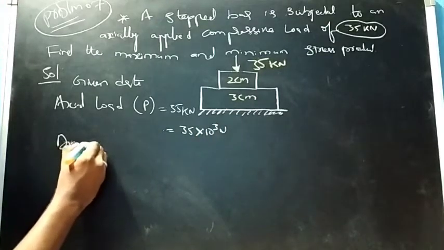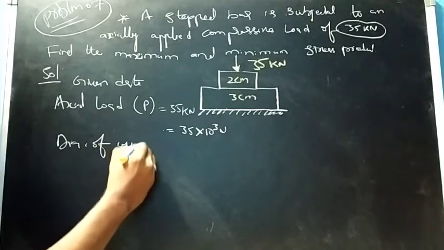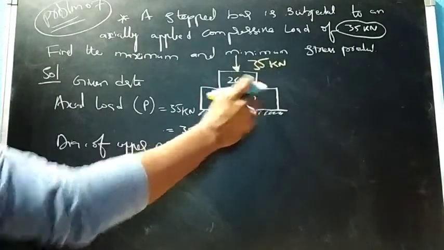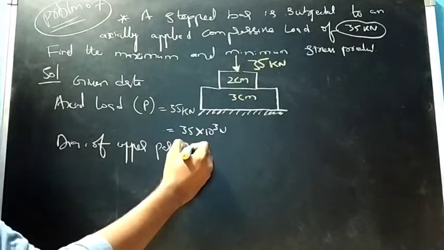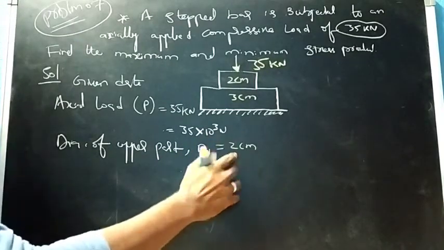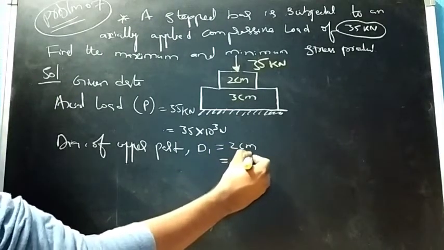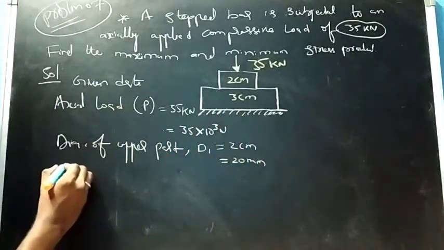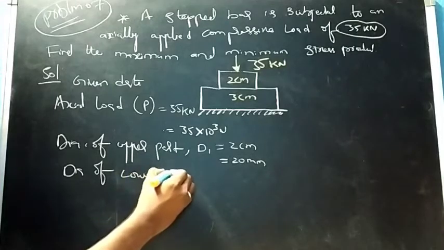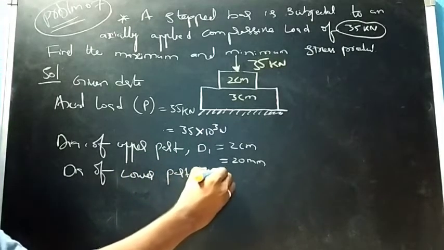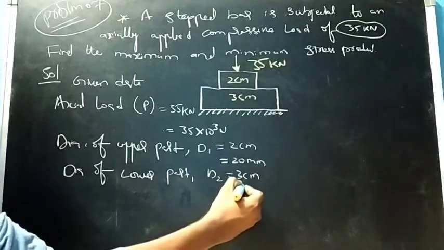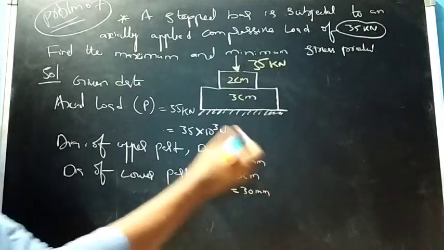So dia of upper part, so take this as upper part and lower part. So upper part will be denoted by D1, which is 2 centimeters. If I convert into mm, it will be 20 mm, right? So dia of lower part D2, that is 3 centimeters. If I convert into mm, it will be 30 mm, right?